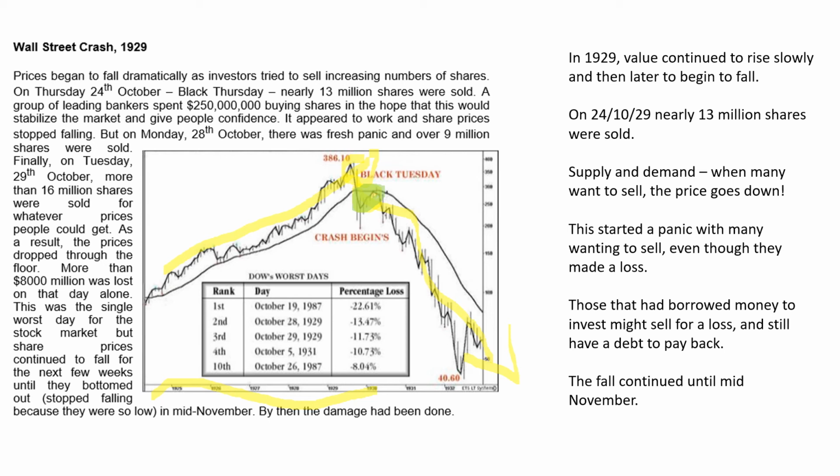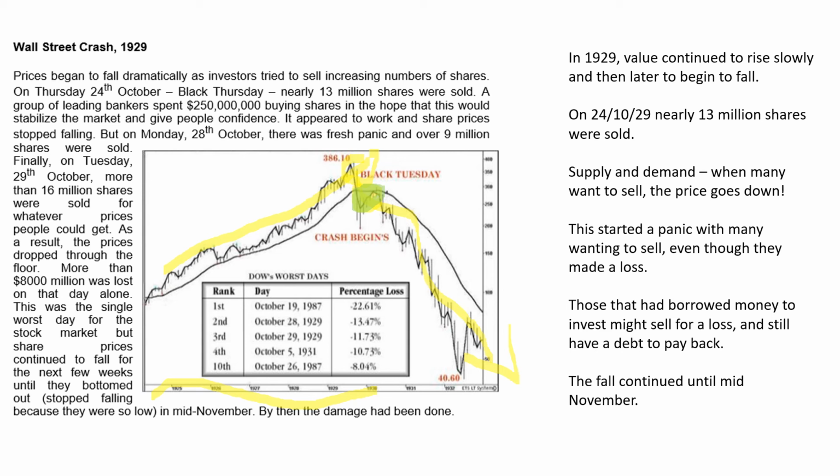So that's why the Wall Street crash led to the share price going down very quickly. More than $8 billion, or $8,000 million, was lost on that one single day. More than $8 billion was lost in one day because the share prices go down so quickly.